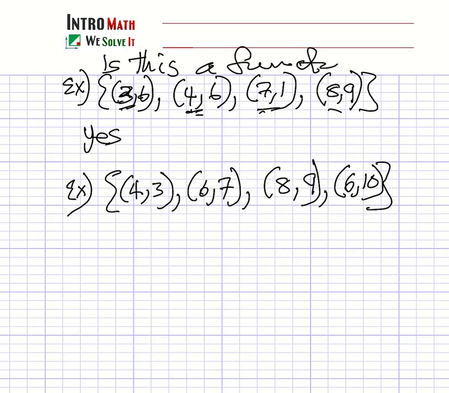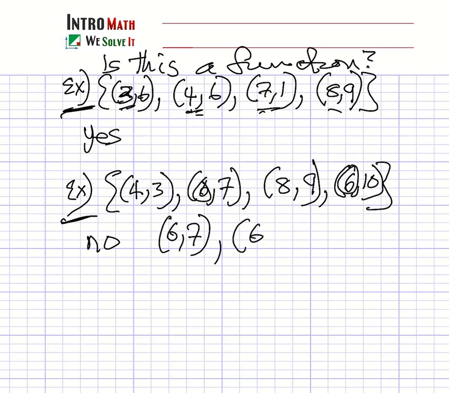That's what we're looking for. The first one is yes. This one is no. Why? This is not a function because look at the first element. 6 is repeated. You see that? This one and this one. The first element is repeated. See? So that's not a function.